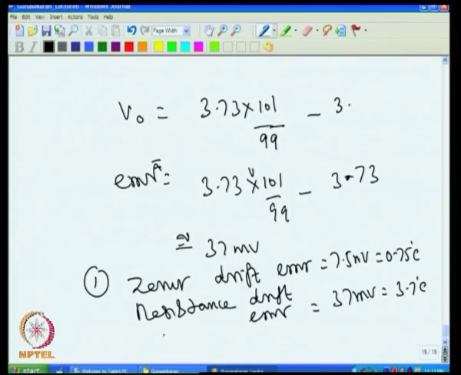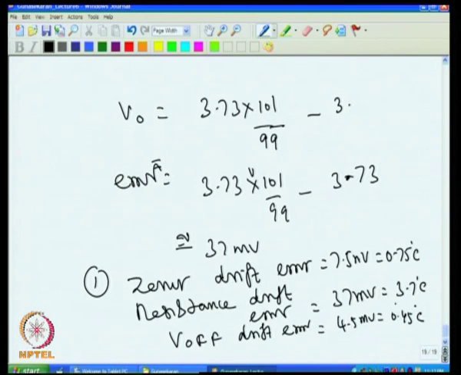And similarly, we calculated offset voltage drift of the op amp, that was 4.5 millivolt, coming to 0.45 degree error. You see, total error now is already 5 degree. That means my temperature indicator, instead of showing 100, can very well show either 105 or 95. Now, this is a significant error.